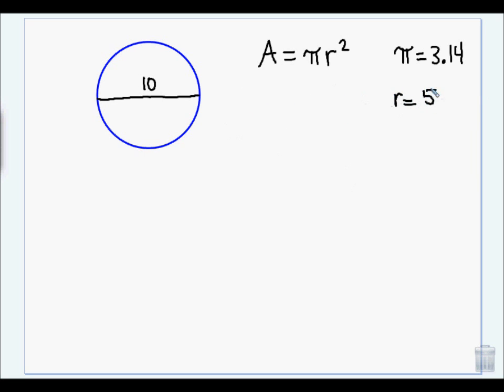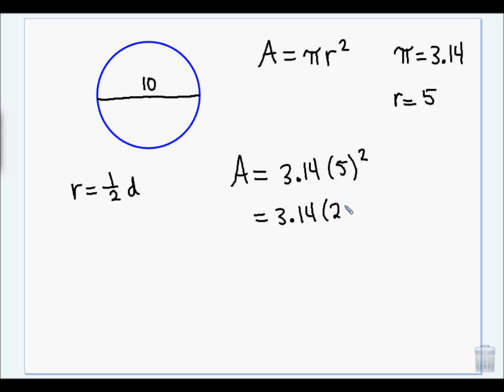Radius would be 5, so it's half of 10, right? Okay, so then I need to plug that in. So I have 3.14 times 5 squared. So that's 3.14 times 25.